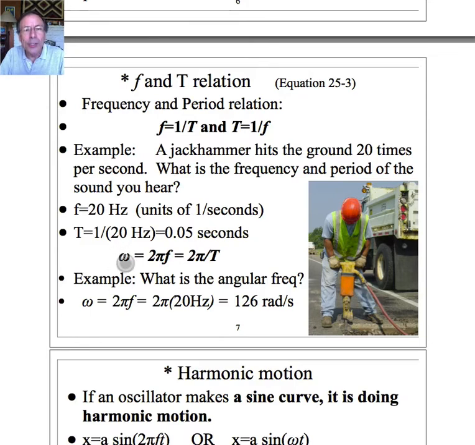The angular frequency omega is equal to 2 pi times the regular frequency f, and since f is 1 over T, omega is 2 pi divided by the period. For this example here, the angular frequency of the sound that you were hearing from the jackhammer would have been 2 pi times 20 hertz, or 126 radians per second.